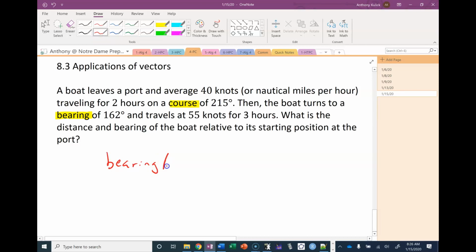So when we talk about a bearing or a course, the angle starts at north and rotates clockwise.